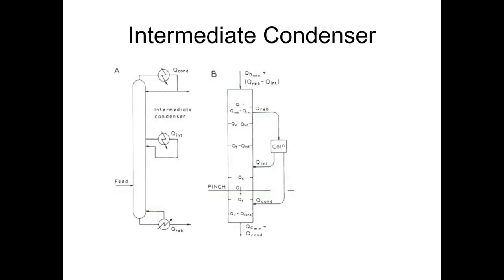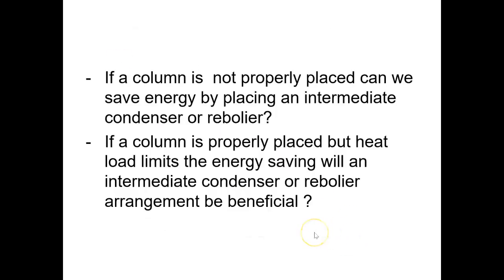The similar thing we can discuss if the column is not properly placed but we put in a reboiler. Now if I go back, if the column is properly placed but there is an issue with the heat load, so the heat load associated with the column is more than what the process can supply, in such a case also we can use an intermediate condenser.